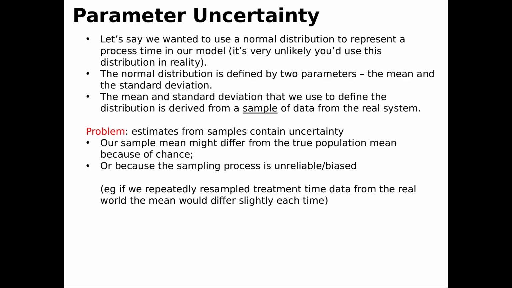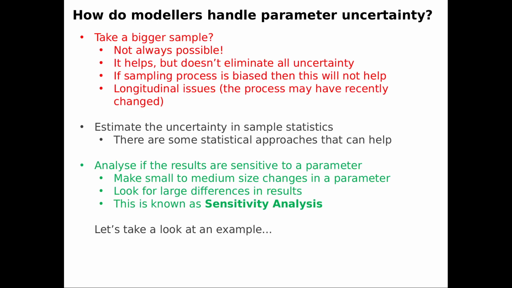So in other words, if we were to repeatedly resample, say, treatment time data from our real-world data, the mean would differ slightly each time. And so there's uncertainty around the mean, standard deviation, whatever parameters we need to define for our particular distribution.